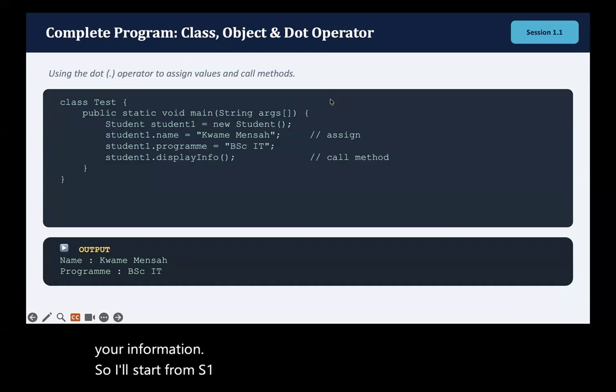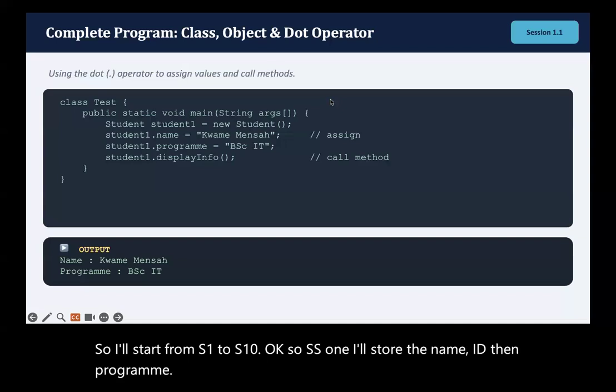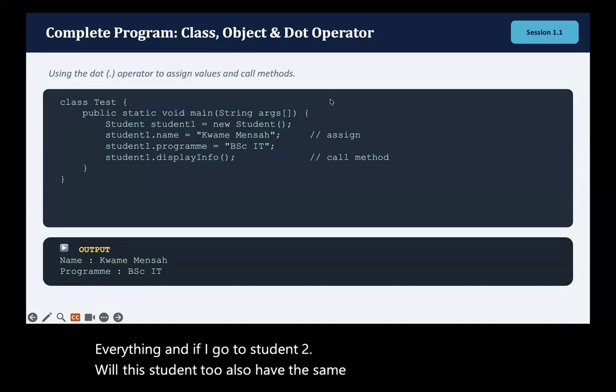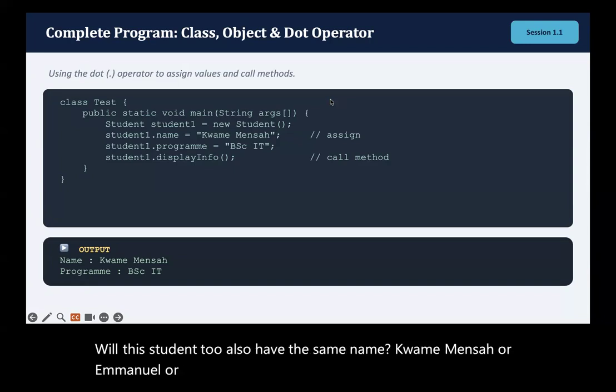For S1, I'll store the name, ID, program, marks, everything. And if I go to student 2, will student 2 also have the same name, Kwame Mensa or Emmanuel or Alex? No.